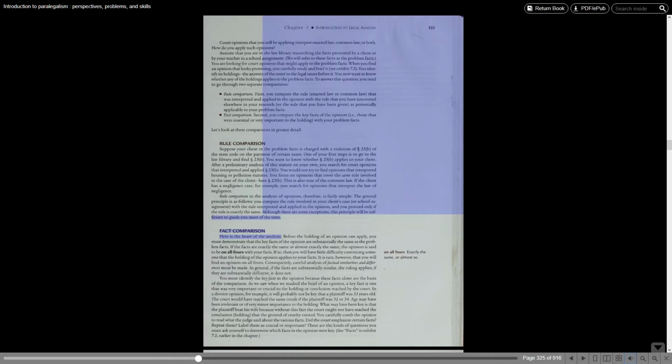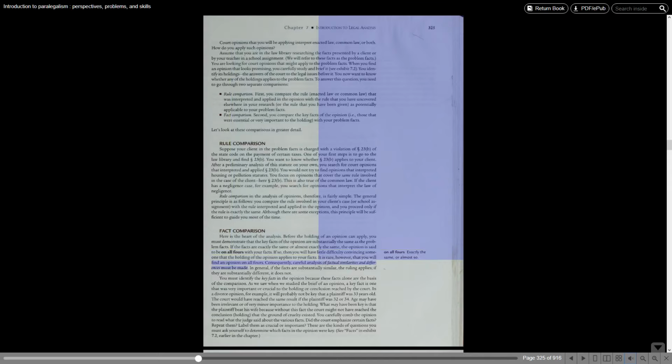Fact comparison here is the heart of the analysis. Before the holding of an opinion can apply, you must demonstrate that the key facts of the opinion are substantially the same as the problem facts. If the facts are exactly the same, or almost exactly the same, the opinion is said to be on all fours with your facts. If so, then you will have little difficulty convincing the court that the holding of the opinion applies to your facts.